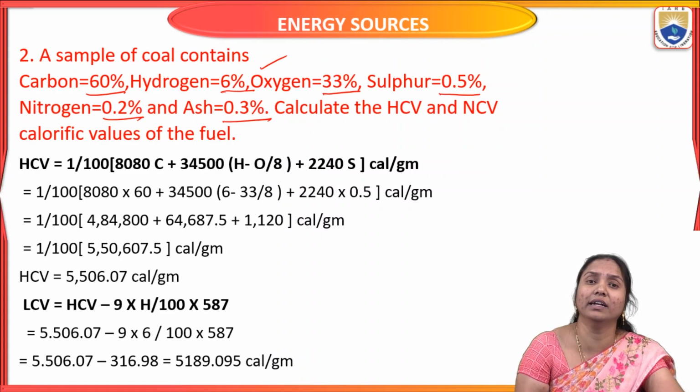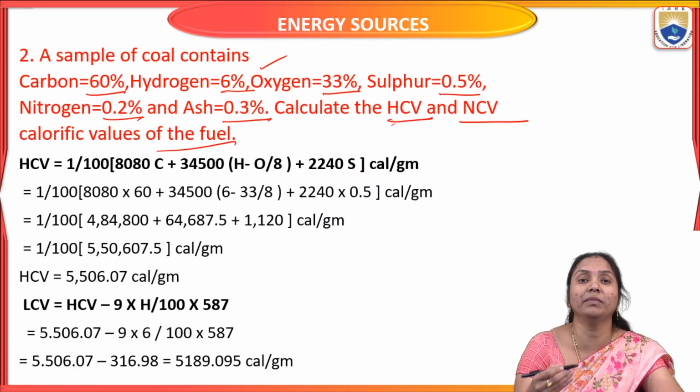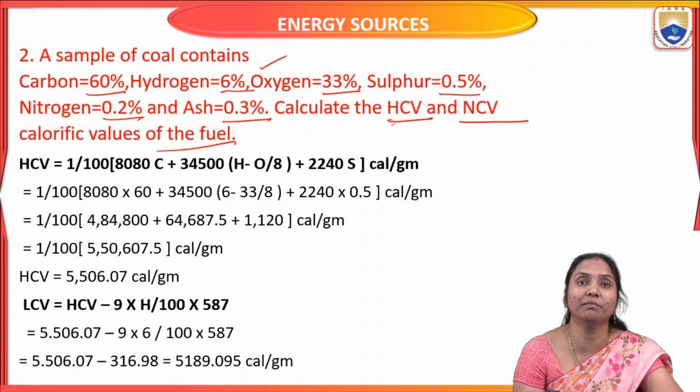Now let's calculate the high calorific value and low calorific value, or net calorific value, of the fuel. What is the meaning of calorific value? It is the amount of heat liberated when a unit mass of fuel is burned.